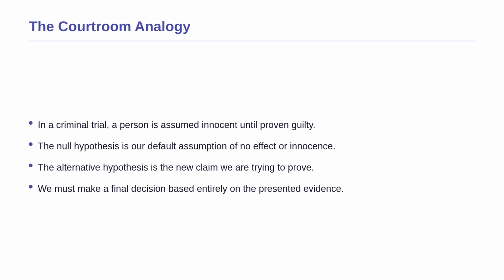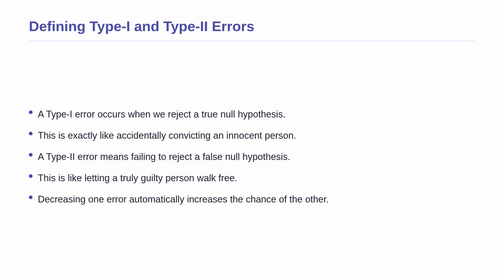Now that we understand our starting assumptions, let us look at the mistakes we can make. Since we are making decisions based on limited evidence, there are two terrible mistakes possible. First, we could reject the null hypothesis even though it is actually true. This is a type 1 error, and it is exactly like convicting an innocent person.